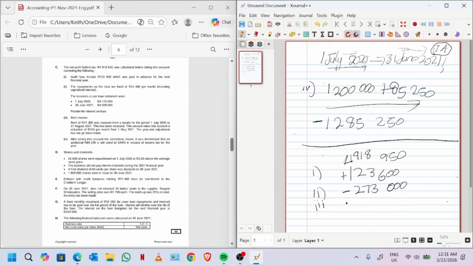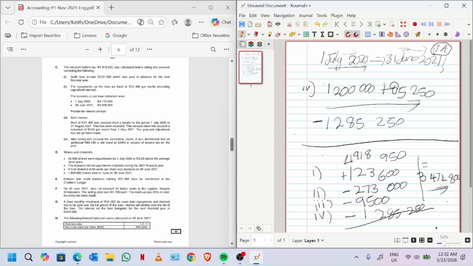Remember the 9,500 minus 9,500 income received in advance, and then IV, the income tax. It's minus 1,285,250, and then we come to a correct net profit after tax, 3,474,800.